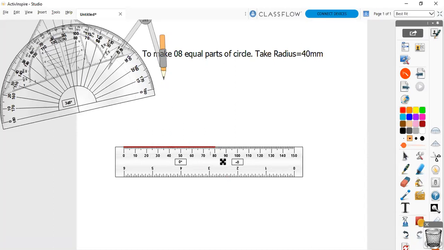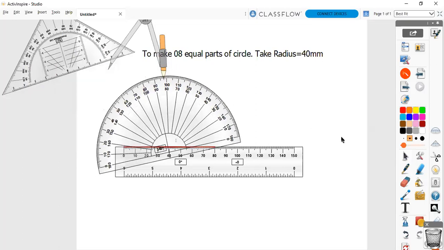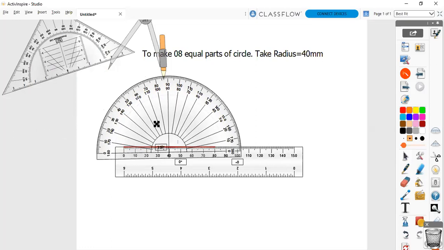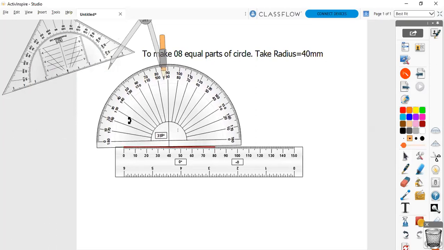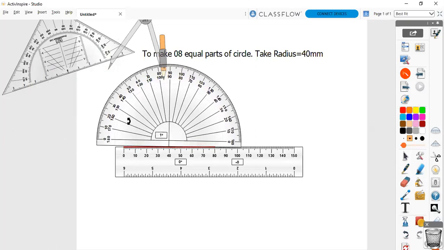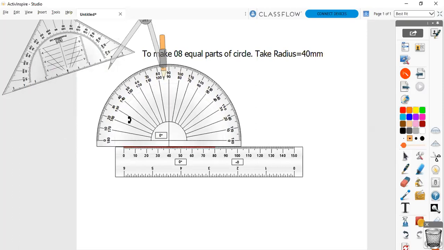And for that, what you need to do is use this angle protractor at this point. Make sure you consider the angle protractor at the horizontal line and vertical line. You can see here it is written 0 degrees, and at the 40 point I have kept this.